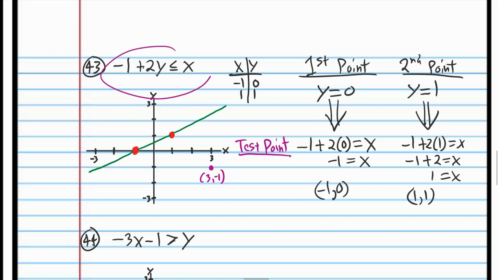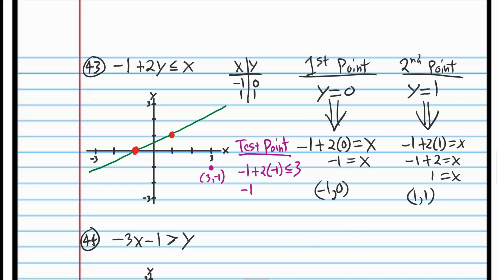So we're going to plug that point into the inequality. So we're going to plug both the x and y. So we have negative 1 plus 2 times the y value, which is negative 1 here. And that's supposed to be less than or equal to x, and x is 3 for our point.